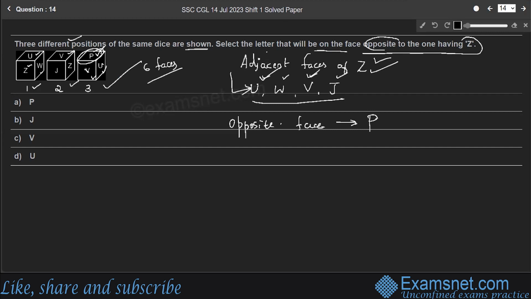Since the dice has 6 faces, one of the faces is Z, and the 4 faces U, W, V, and J are its adjacent faces according to the given positions. Only P is the remaining face, which is opposite to Z. Therefore, option A is the right answer.